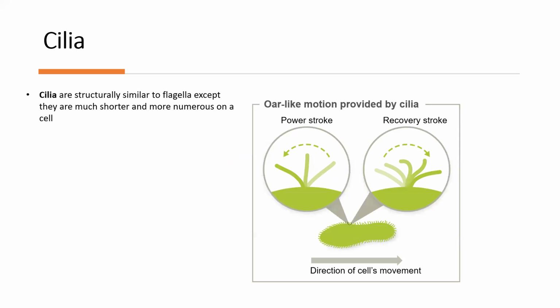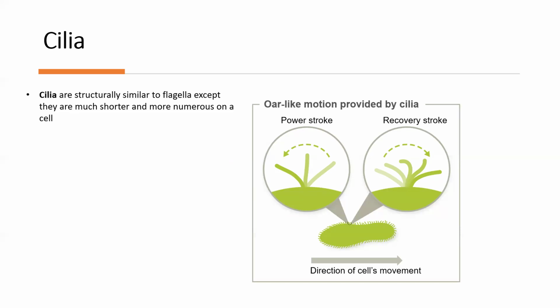Cilia also are involved in movement. There are many cilia on your eukaryotic cells, and they are kind of short. They look kind of like hairs, and they actually are going to move in an oar-like fashion.